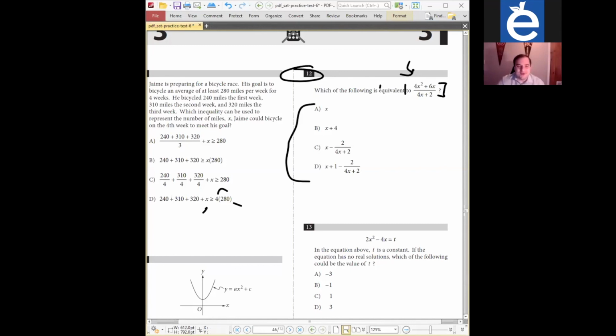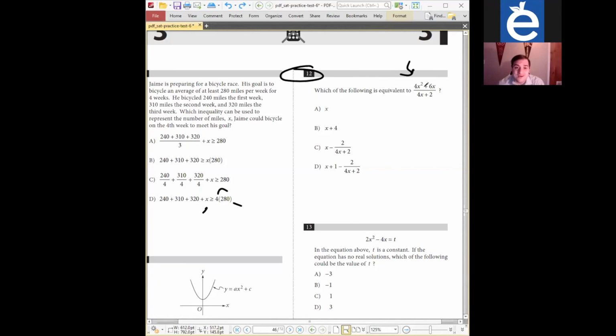This is one of those questions where you can literally just pick a value, any value except 0 or 1, for x, and you'll get some answer. Then you take the original expression and plug in the same value in the answer choices, and the one that gives you the same answer is correct.